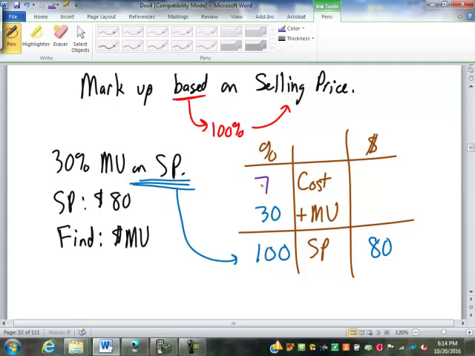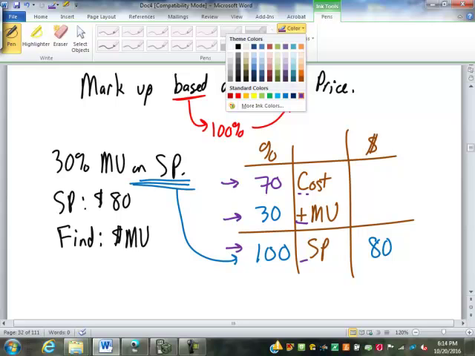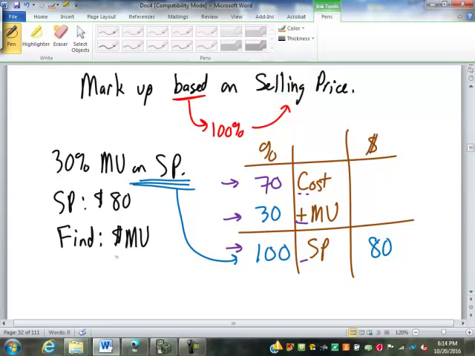Because the formula is cost plus markup equals selling price. So whatever this is plus this has to equal that. So it's 70 plus 30 equals 100. Now we are asked to find the dollar markup right here.